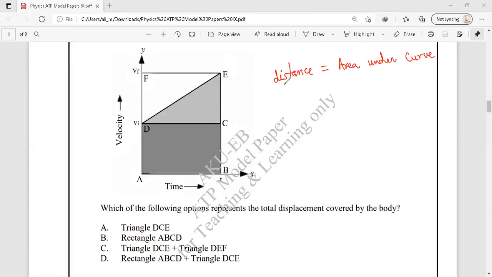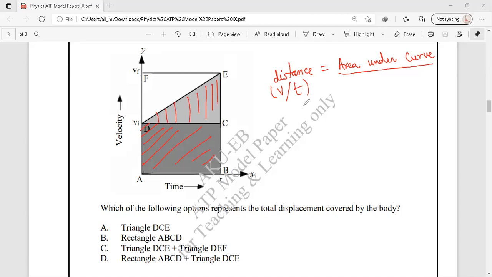So distance from the velocity time graph is always equal to the area under the curve. So area under the curve will be equal to this rectangle plus the area of this triangle.